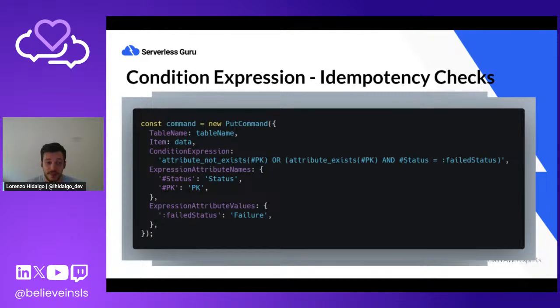That means it's the first time we're trying to process that event, or the attribute exists, but the status is failure, for example. That way, we have idempotency, but it also allows us to do retries.